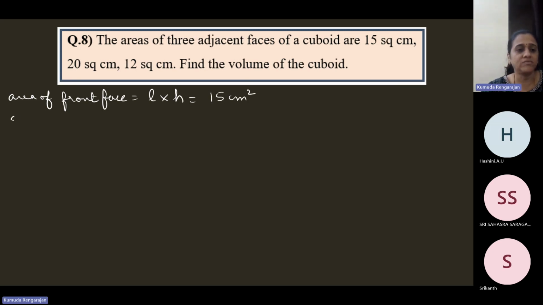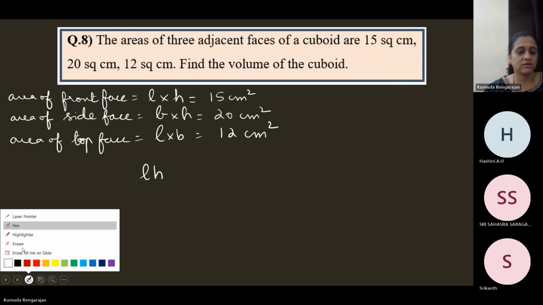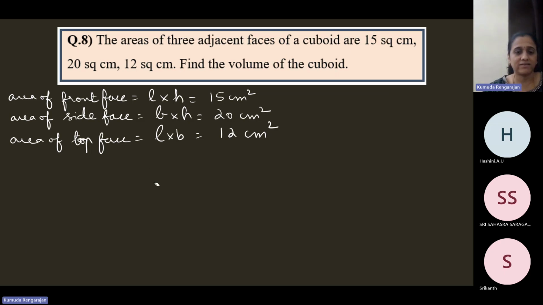Area of the side face, B into H, is 20 square centimeters. And area of the top face is L into B, 12 square centimeters.